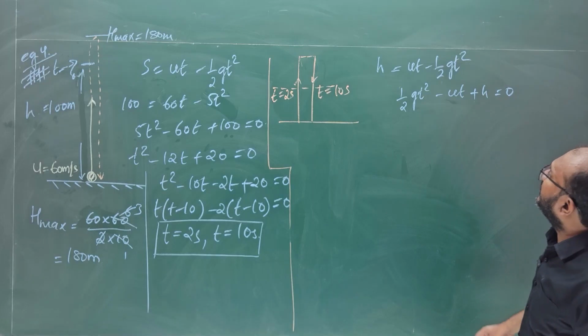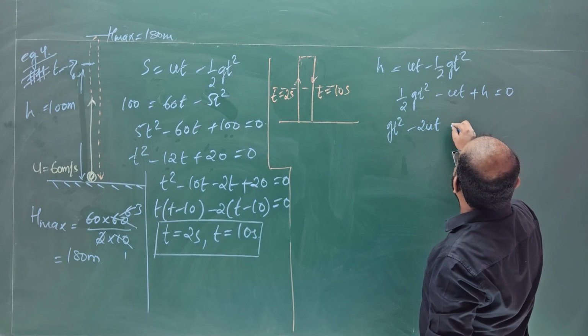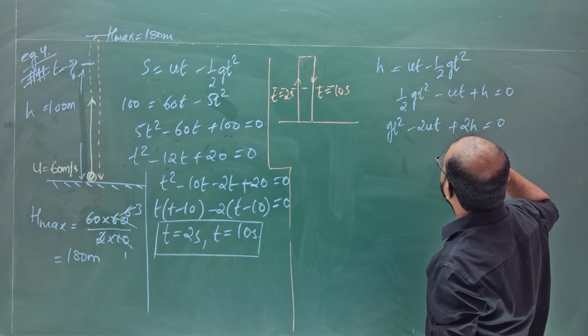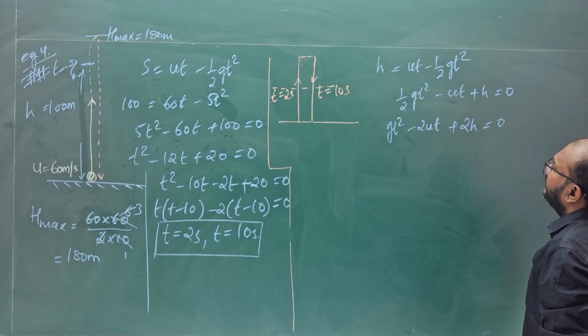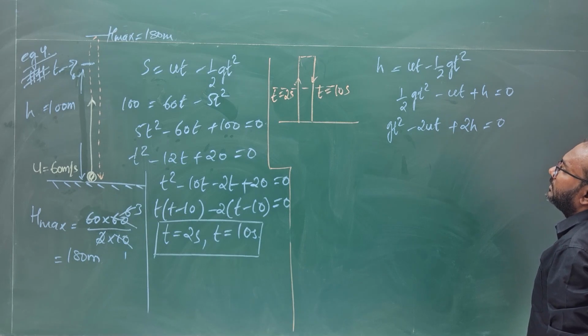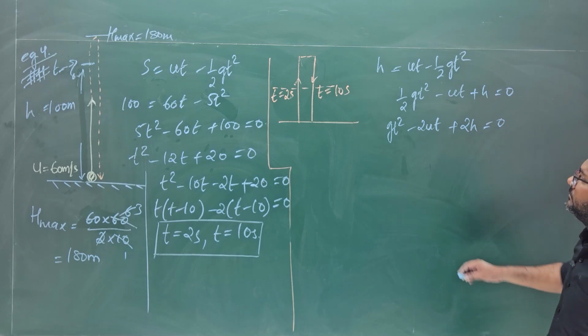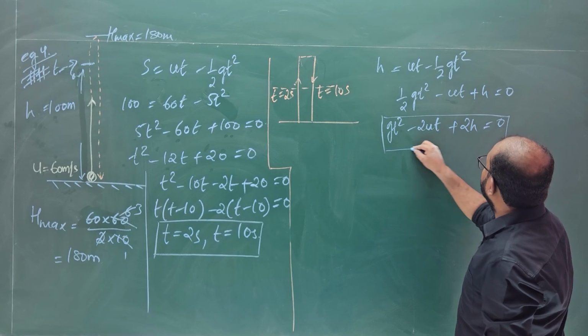Or can I also write gt square minus 2ut plus 2h, which is equal to 0, whole divided by 2. That 2 goes over there, becomes 0. And can anything be taken as common? No. We can't take this. Right now, from here we can calculate the t value.